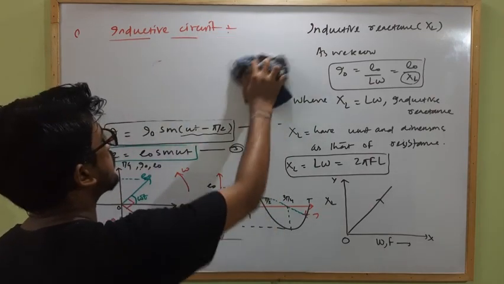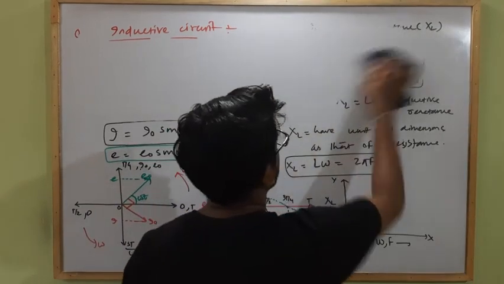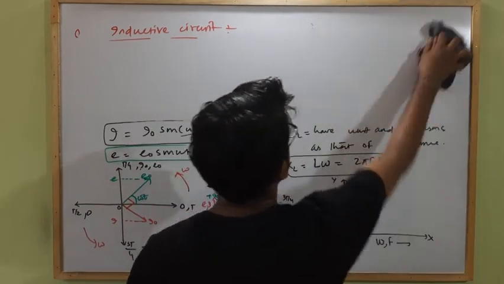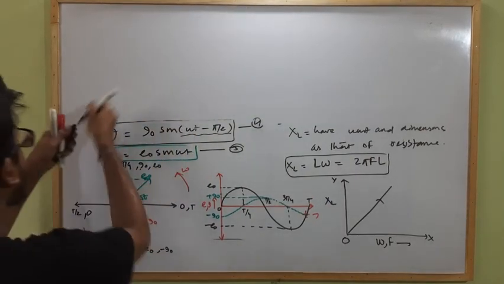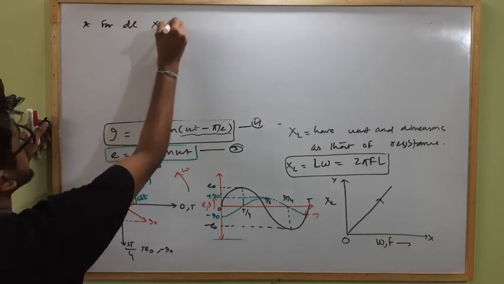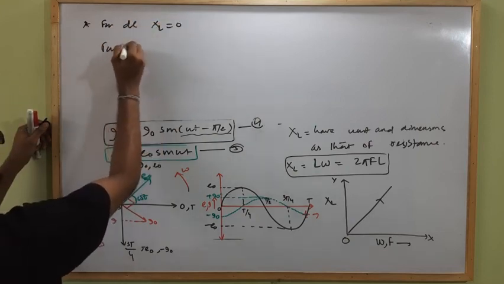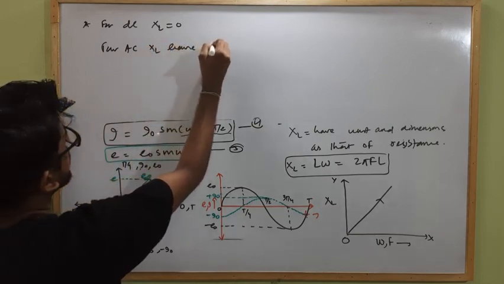As DC has 0 frequency, the value of XL is 0 for DC. And what is the value for AC? It has some finite value. For DC, XL equal to 0. For AC, XL has some finite value.